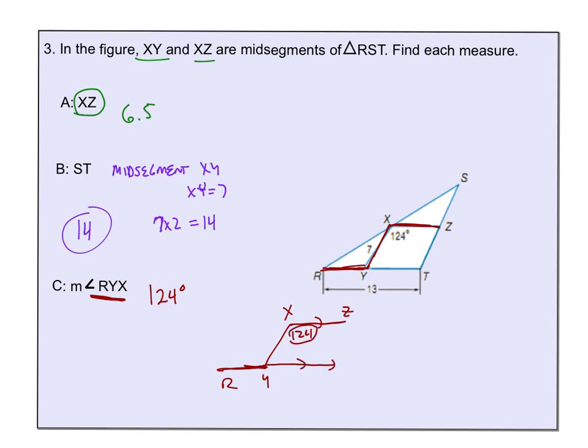These two are something called alternate interior angles, which is a throwback to Unit 2. So that's why it's 124. Once again, all those rules come back off of Unit 2.